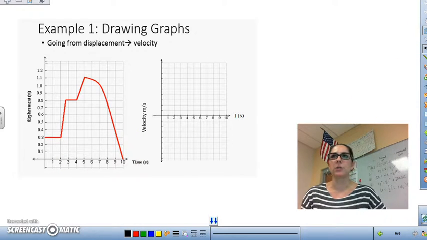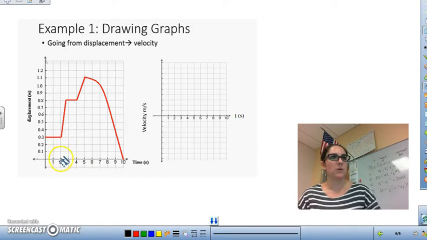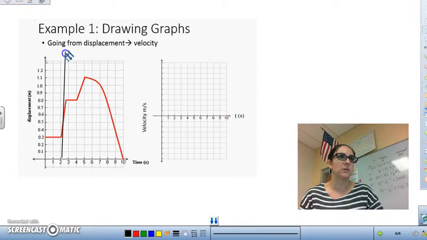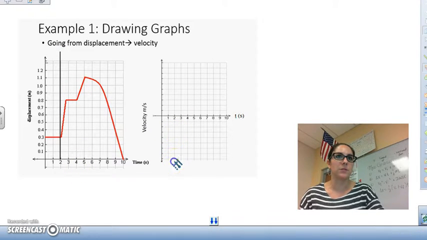So in other words, I'm going to break apart each section. At 2 seconds, or close to 2 seconds, I might as well do it right. There we go. I'm going to plot the 2 seconds.